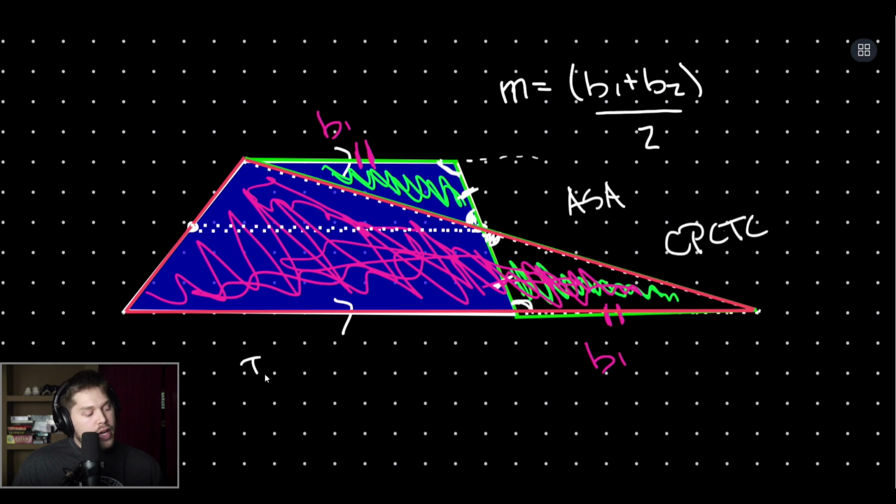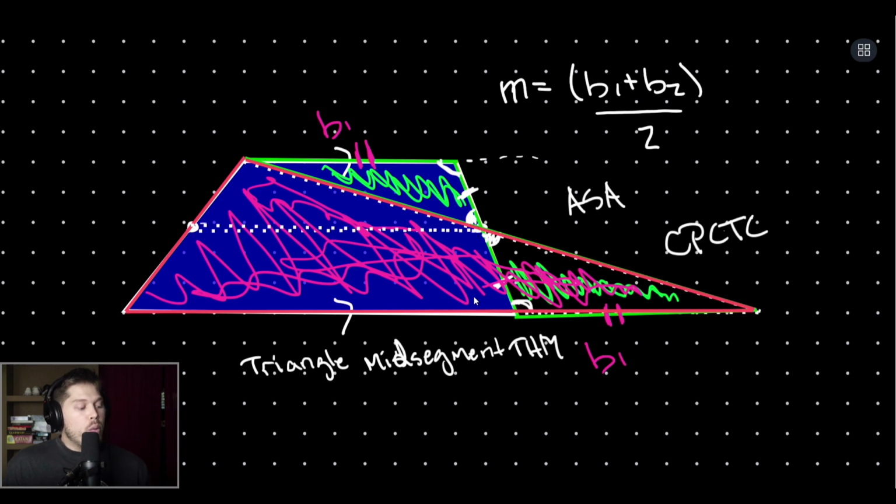But by the triangle midsegment theorem, the midsegment is going to be 1/2 of the full bottom length of our triangle. And in this case, the bottom length of our triangle is our full base 2 plus our base 1.